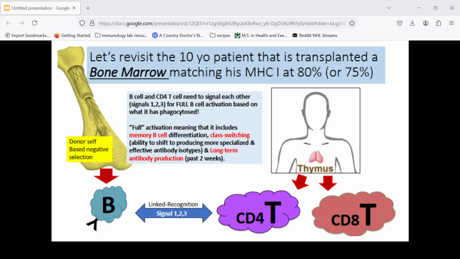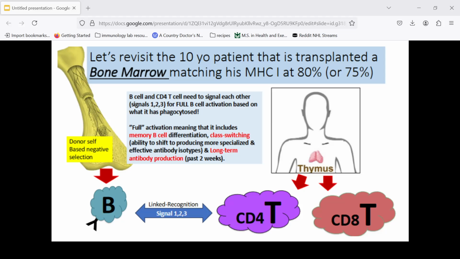Okay. So we'll start with bone marrow because it's the weirder example. So our donor is where our bone marrow is from. Which means any DNA belonging to any immune cell is going to be from our donor.